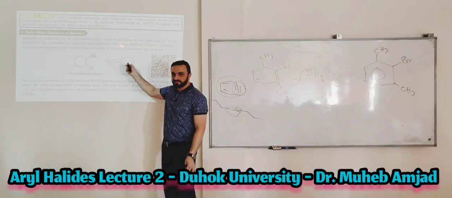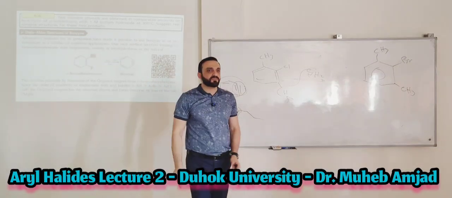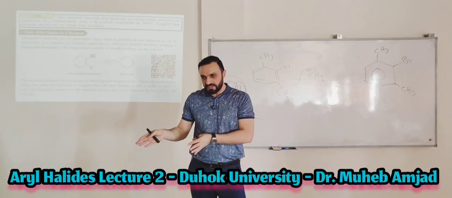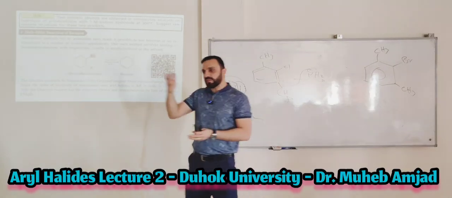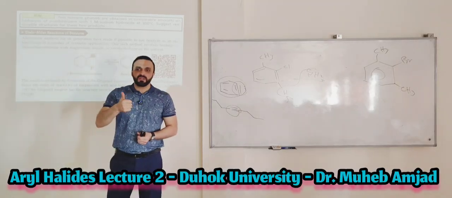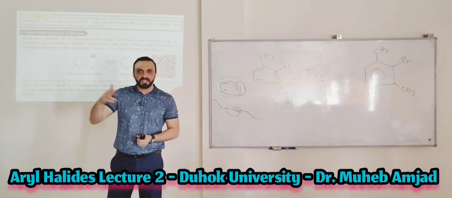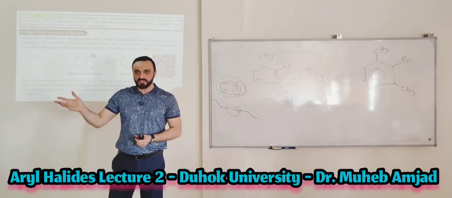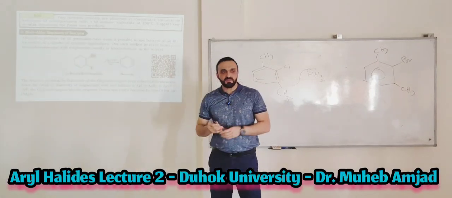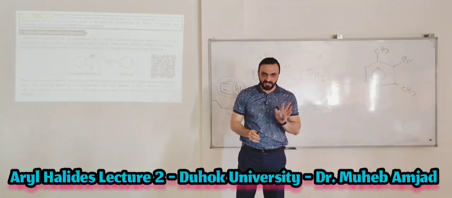Do you understand the difference between the addition-elimination mechanism and the elimination-addition mechanism? In addition-elimination, we have a two-step reaction. Step number 1 gives you a carbanion. The carbanion is stabilized by resonance, so you must have an electron-withdrawing group. Step number 2 is the elimination step.